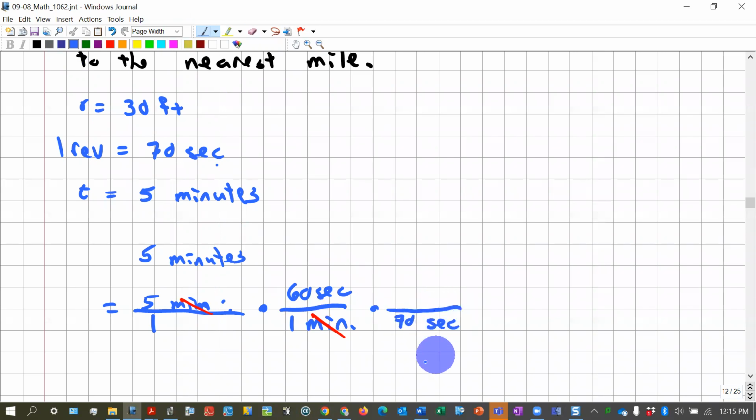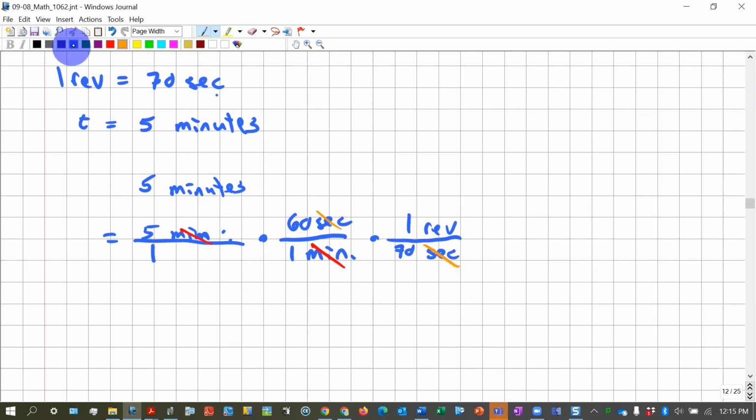And we know 70 seconds. In 70 seconds, the car completes 1 complete rotation or 1 revolution. And we know that in 1 revolution, the car is going to move through a distance of 2 times pi times 30 feet.